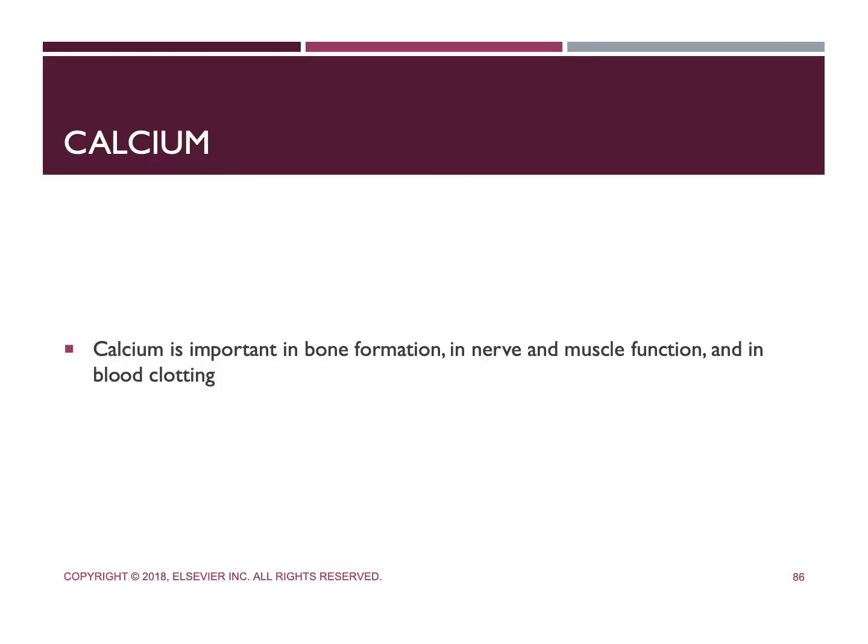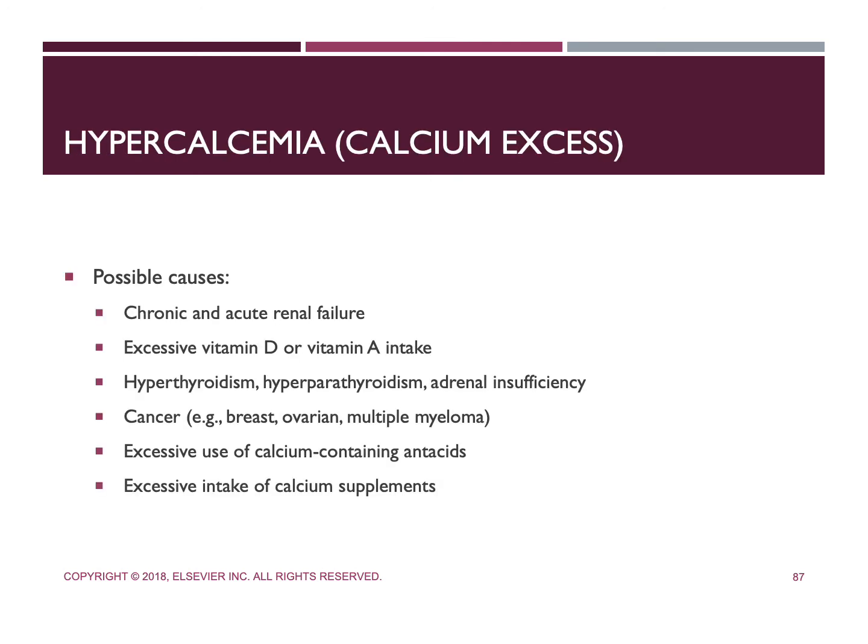Now, when we talk about calcium, calcium is going to be extremely important in our bone formation, in our nerve and muscle function, as well as in blood clotting. So hypercalcemia, or calcium excess, is going to include things like chronic and acute renal failure.